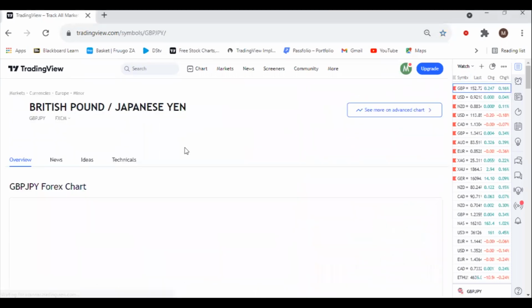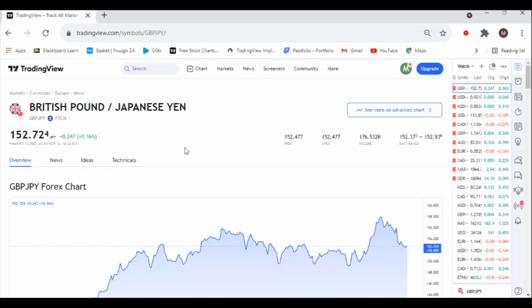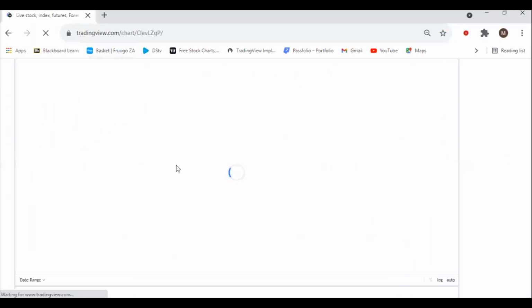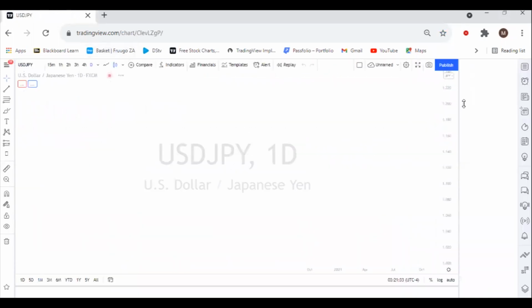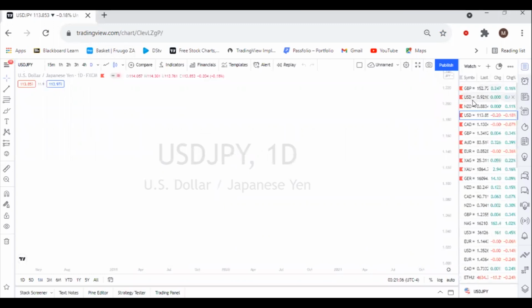So this is the Sunday market breakdown, which means we usually start from the weekly time frame. So let me just scale into our pair.